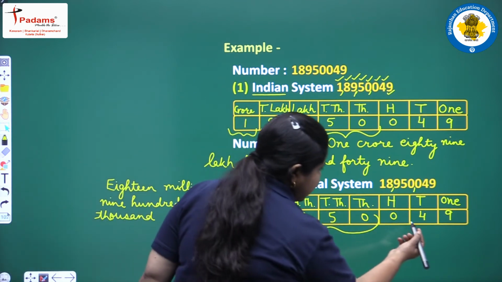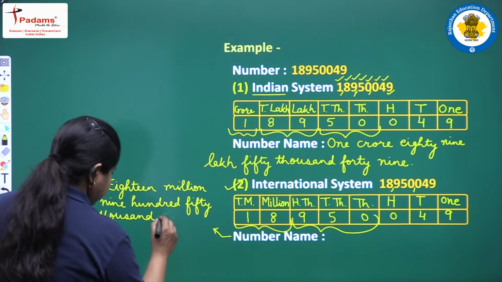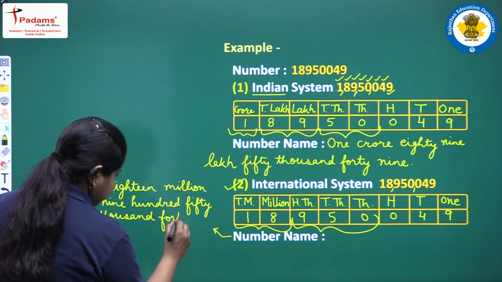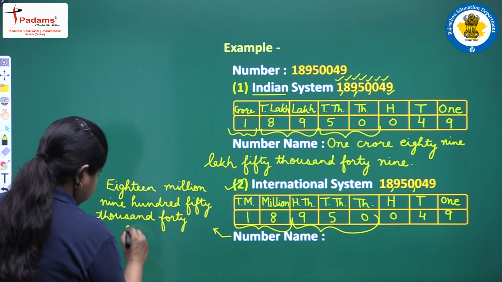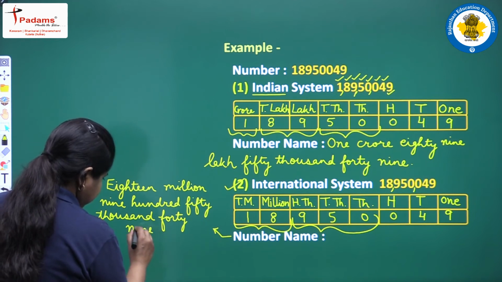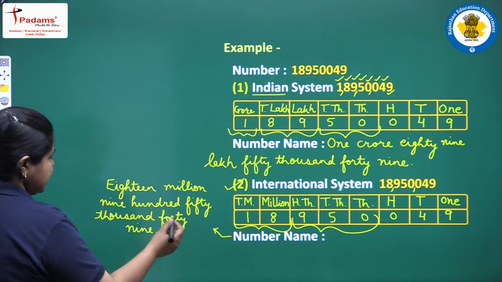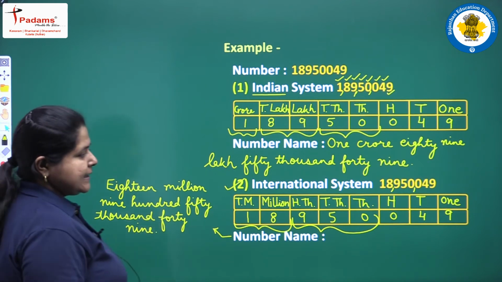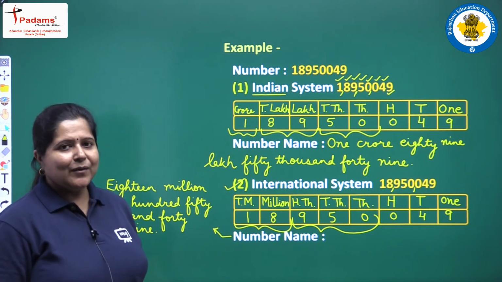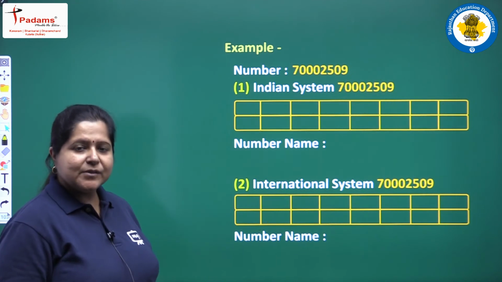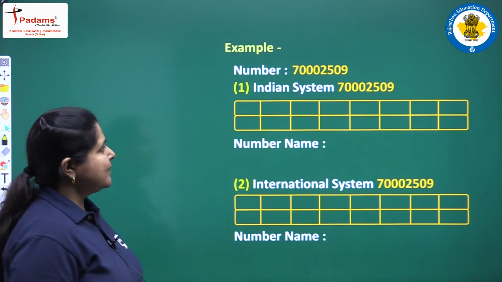We will write straight away 49. So 18,950,049. Clear to you? We take one more example to be still much more clear.